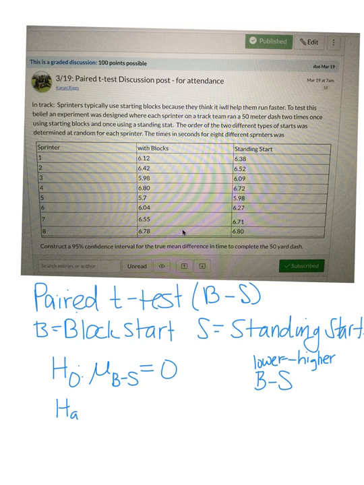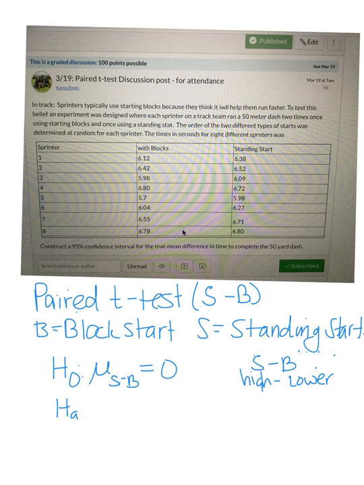Okay, now a lot of times they're asking you to do it in a way that would make it positive. So if that was the case, you would just go back and say, okay, wait a second, I need to do standing minus block, and then I need to change that everywhere. So I would have standing minus block, which would be higher now, minus lower, which would make it a positive number.